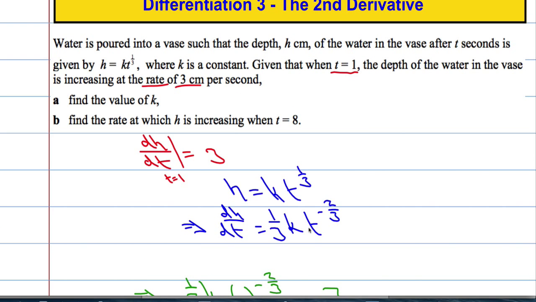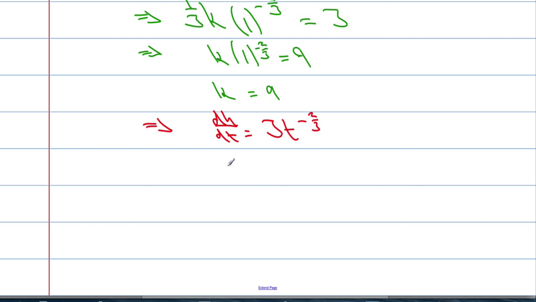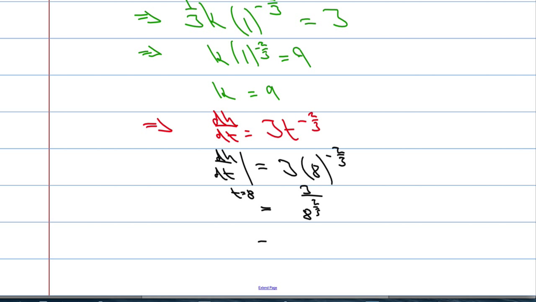Well, we want to know what the rate of change is when t equals 8. So now we need to evaluate dh dt after 8 seconds. That will equal 3 times 8 to the power of negative 2 over 3, which is 3 over 8 to the power 2 over 3, which is 3 over 8 to the power of a third, squared.